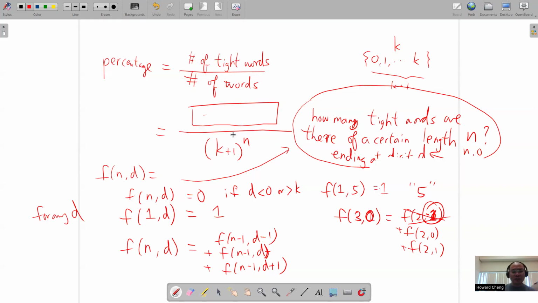Okay, or if you want, instead of saying how many, we can say proportion. So that's what you're actually computing. Then basically you have k plus 1 n times. So we just distribute this k plus 1 at each step. And that's the other way of doing it.